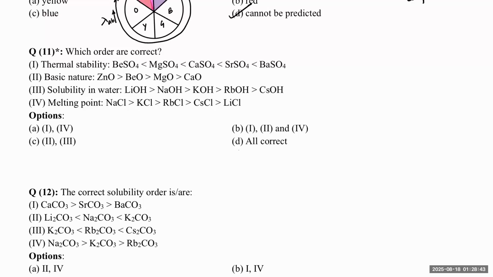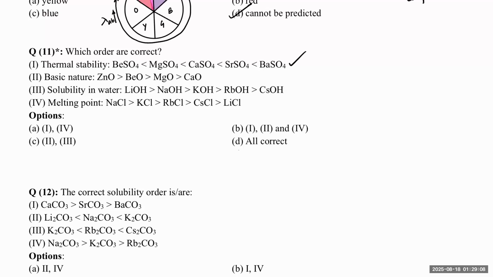Please try to recall it, everyone. Single atomic anions, down the group stability decreases. Multi-atomic anions, down the group stability increases. Okay, so thermal stability, is this correct or no? Yes, it is correct. Everyone clear? See the next one, basic character.